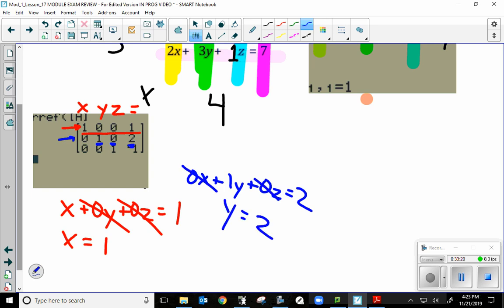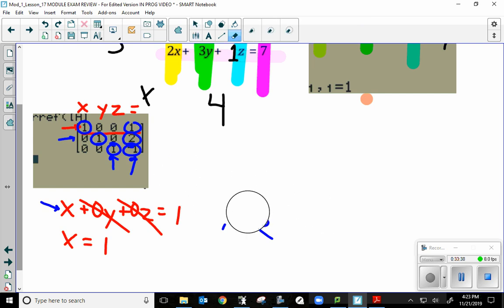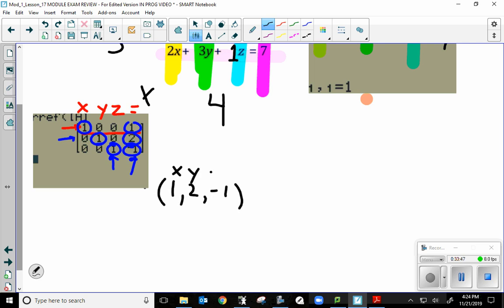Y is 2, and Z is negative 1. I don't have to write this out, I'm just trying to explain to you what it means. My X is 1. My Y is 2. My Z is negative 1. So my answer, when everything is all said and done, is 1, 2, negative 1. That's my X, my Y, and my Z.